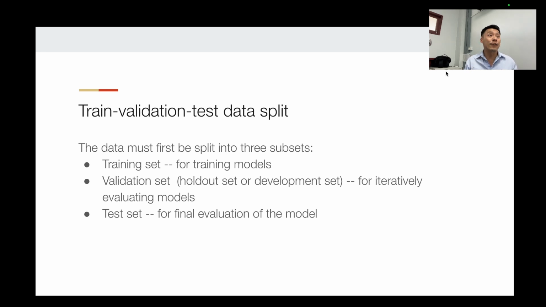The training set is actually for training. That's what the model will study from directly. The validation set is for evaluation, so that you know how good it is. And the test set is like a final exam. You should never look at it. You should use it only once.